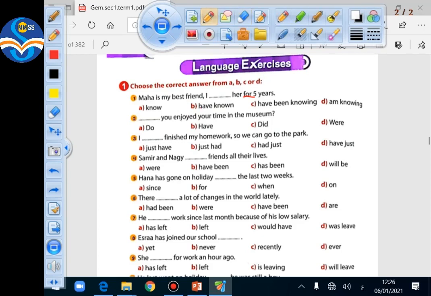So I say, have you enjoyed your time in the museum, because this is present perfect. Third one, I finished my homework, so we can go to the park. This is something that happened recently. He just finished his homework, so he would like to go to the park. So I have just finished my homework.